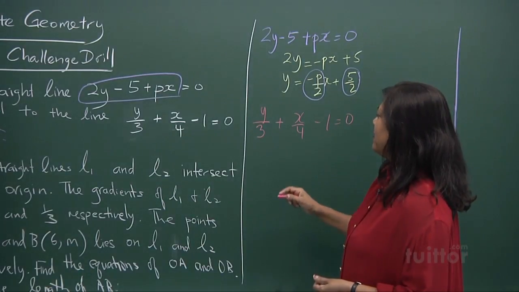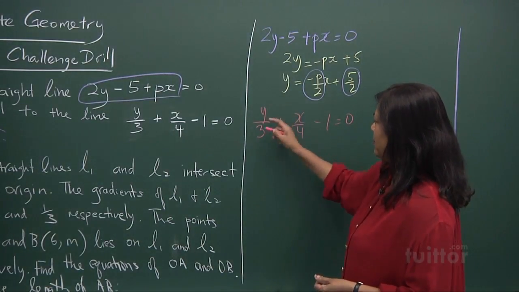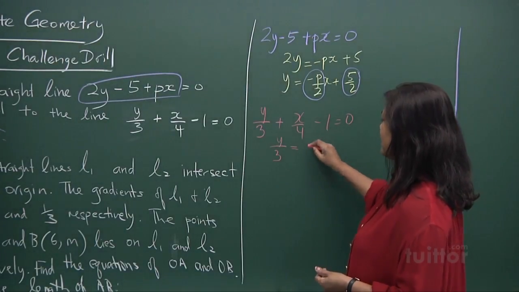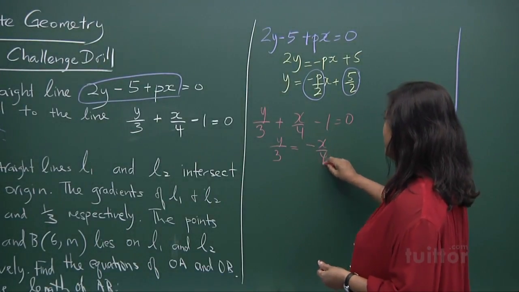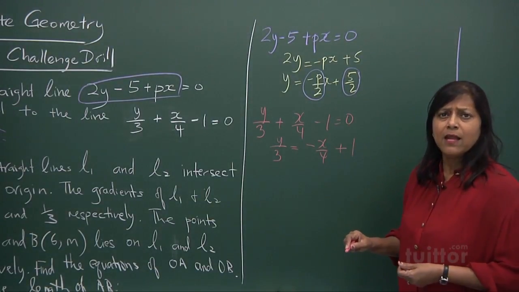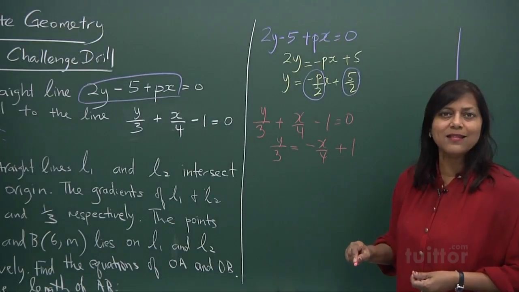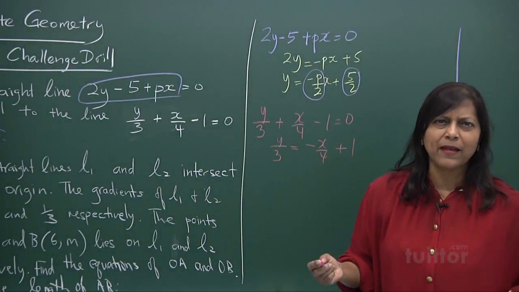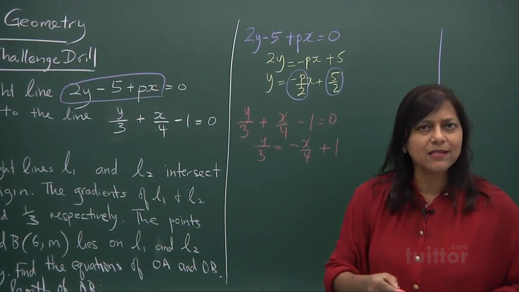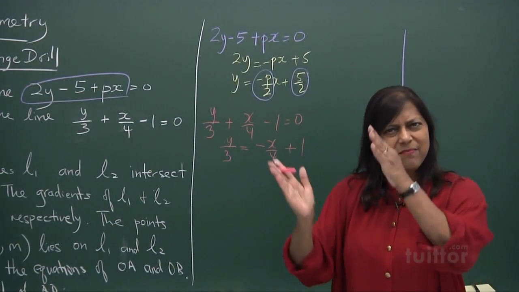Make y the leader of the equation. If you look at it, you move over. So when you move that, plus becomes a minus. Bring the minus 1 over, you've got that. Now you want to show that the two lines are parallel. If they are parallel, what must it be? The gradients must be the same direction.